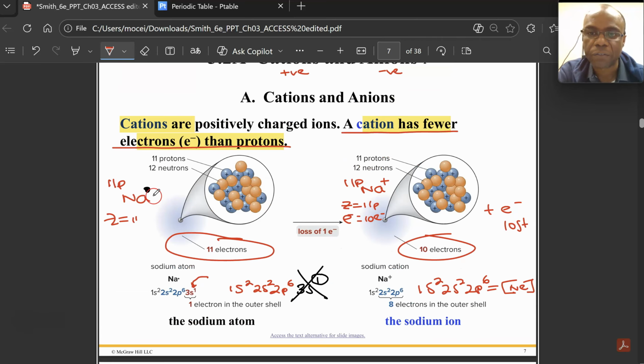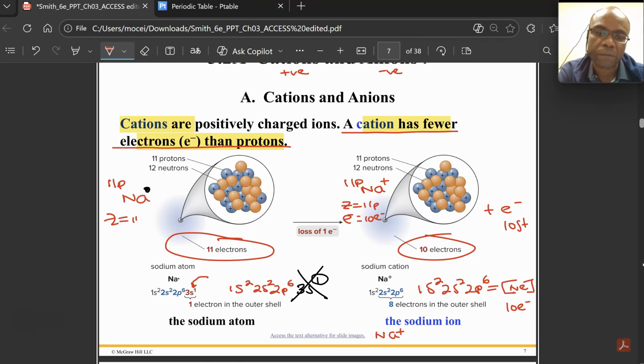So here, sodium is reacting so it can lose the unfilled third shell. Then it will be left with the first and second shells all filled, to give you neon, which also has 10 electrons, just like Na+.